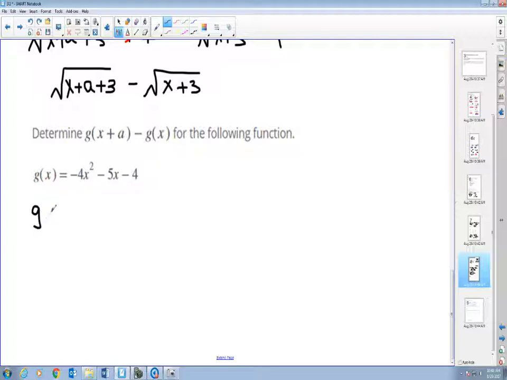g of x plus a, that will be negative 4, substitute x for x plus a, so that will be negative 4 times x plus a, whole thing squared, minus 5 times x plus a.